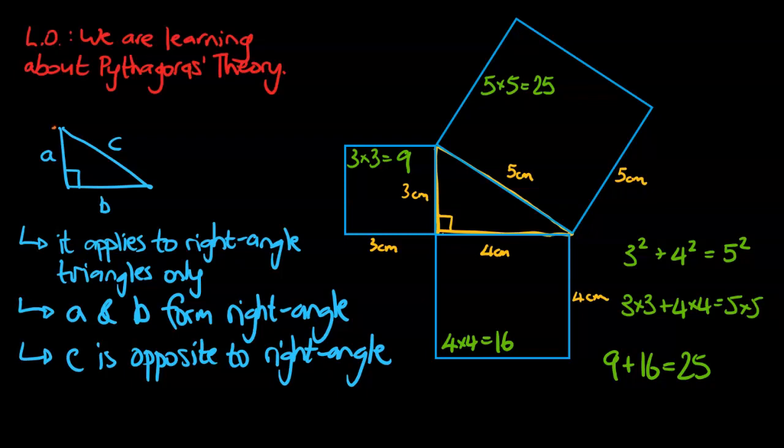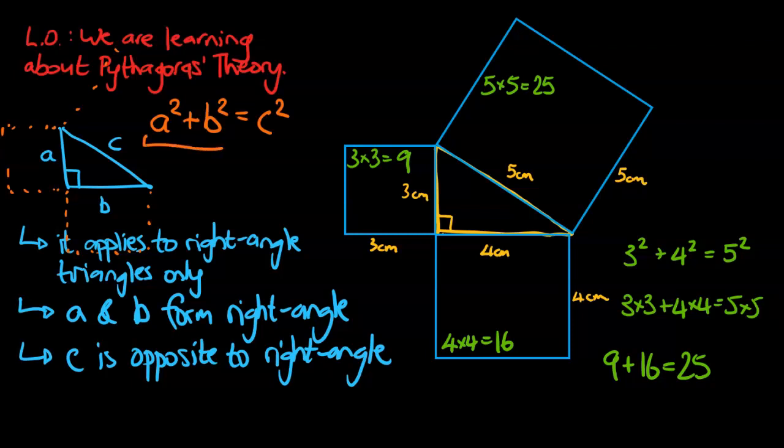If we added a square on the A side, that is going to be A squared, and we put a square on the B side down here, so let's say plus B squared. That should equal the big square that comes along the C side. So A squared plus B squared is equal to C squared.